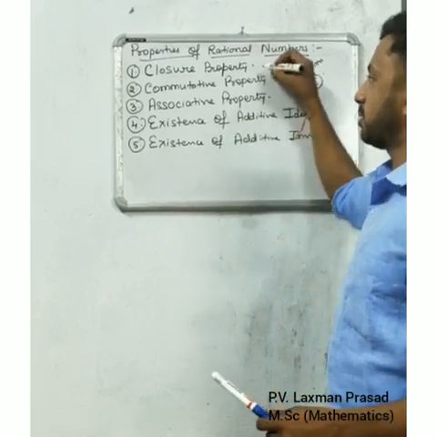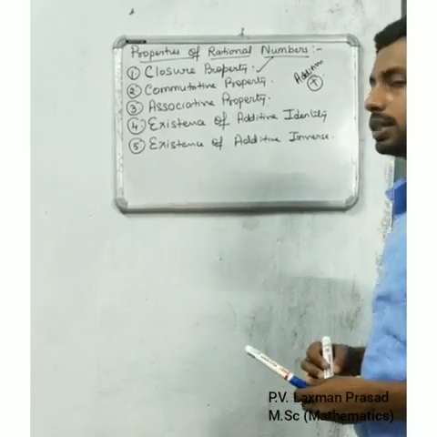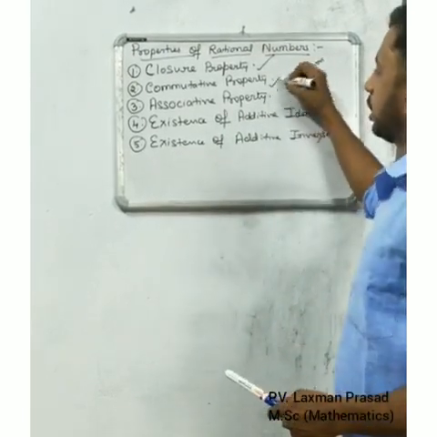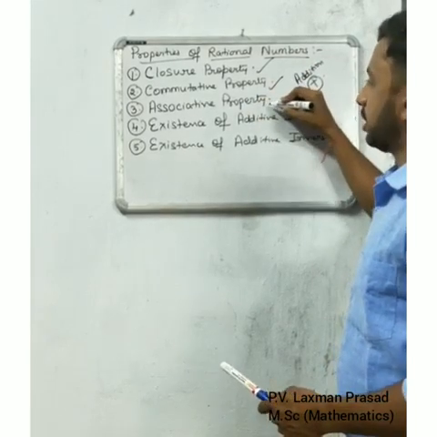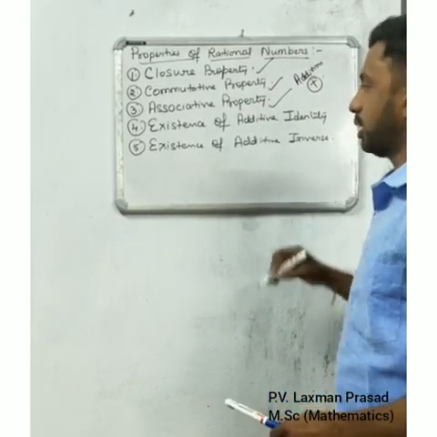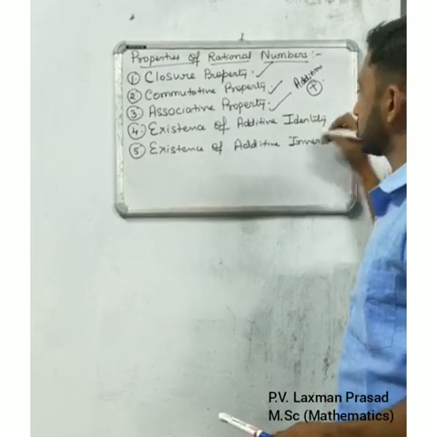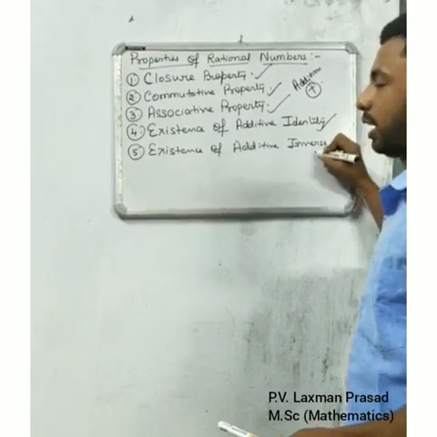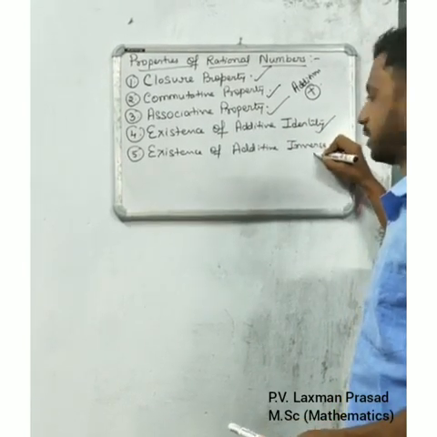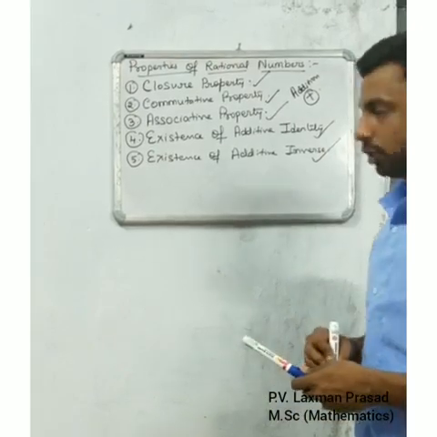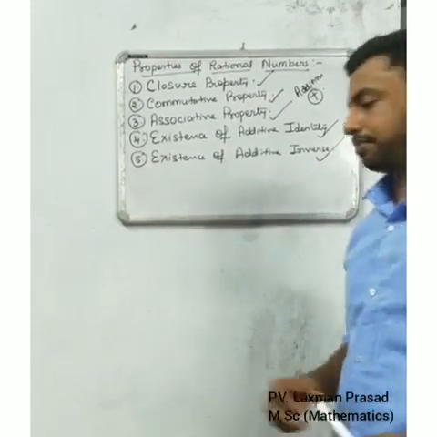The very first property is the closure property. The next one is the commutative property. The third is the associative property, then the existence of additive identity, and the last one, the existence of additive inverse. So let's start with the first property.